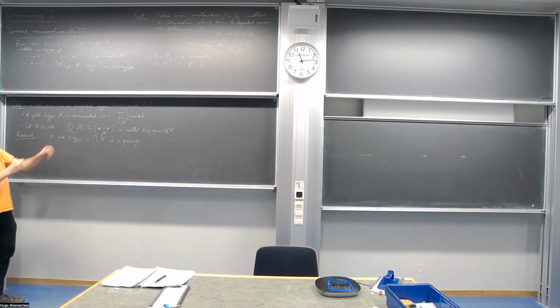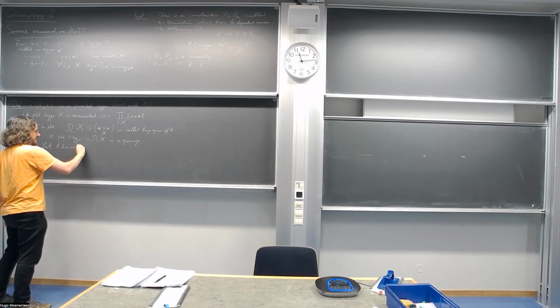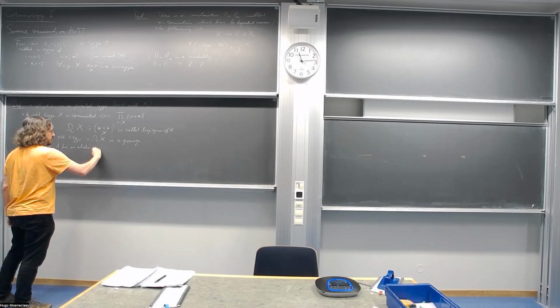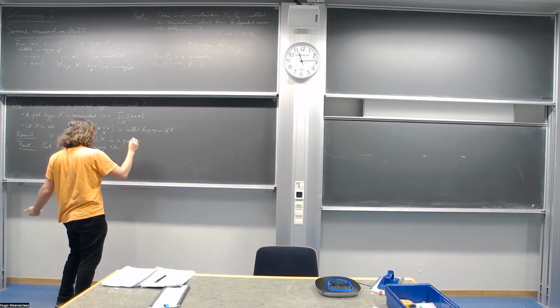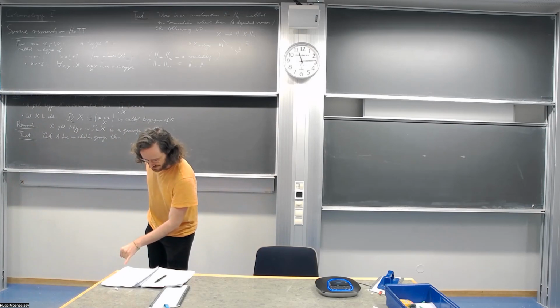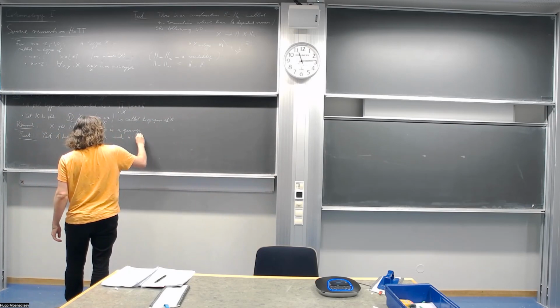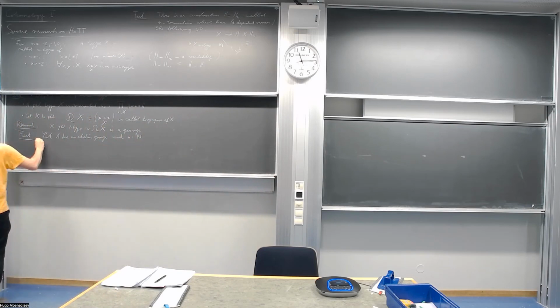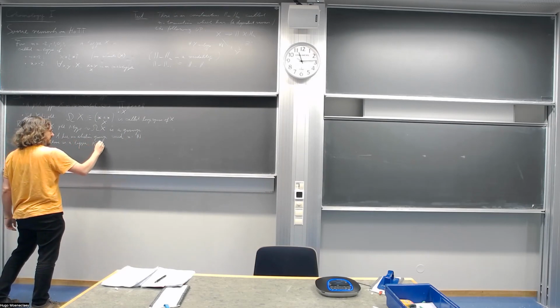And if your group is abelian, and that's a fact we will use a lot now, so let A be an abelian group, and n a natural number, then there is a type K(A, n).